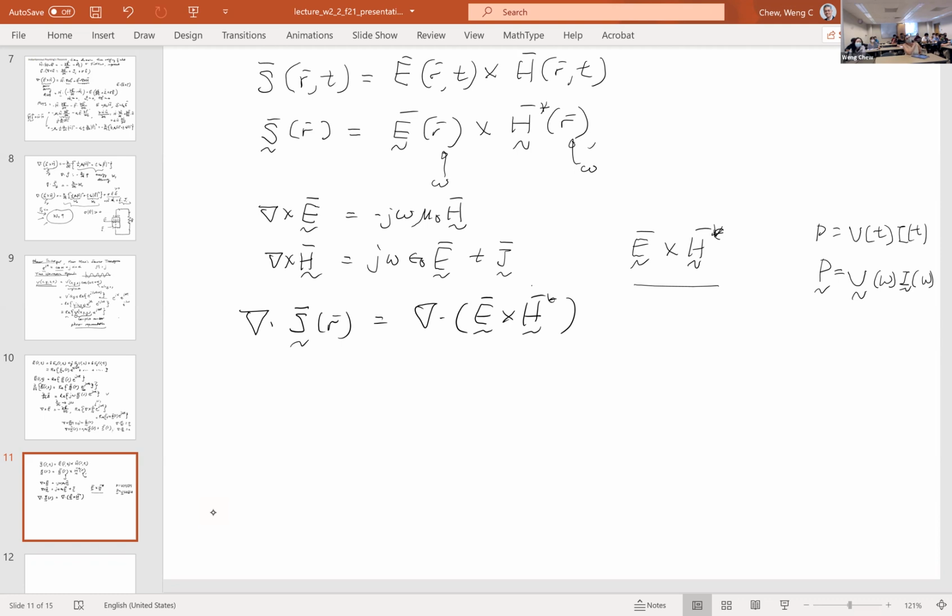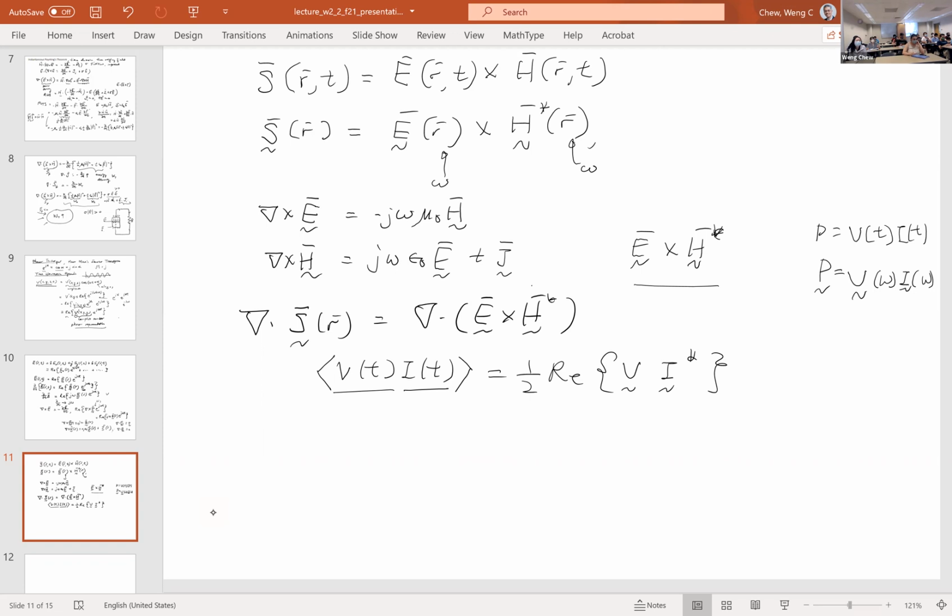I'm getting there by proving that if you have two quantities, V(t), I(t), and if this is sinusoidal and this is sinusoidal, and if you were to take the time average of this product, it is equal to half the real part of the phasor representation of this times the phasor representation of this. This is a very important identity.